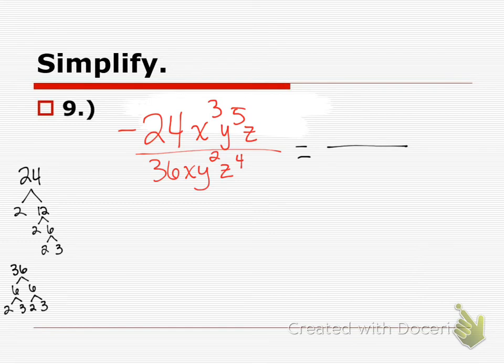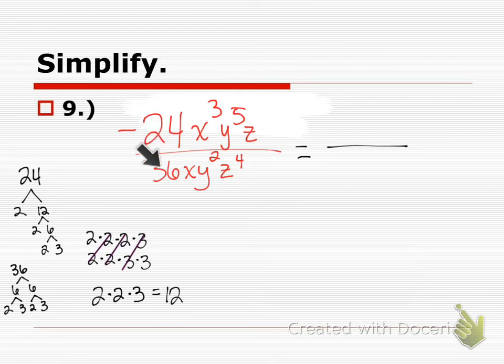So for 24, I'm looking at 2 times 2 times 2 times 3. And for 36, I'm looking at 2 times 2 times 3 times 3. What do I have matches of? 2 sets of 2 and 1 set of 3. So 2 times 2 times 3 would be what? 12. So that's my GCF.